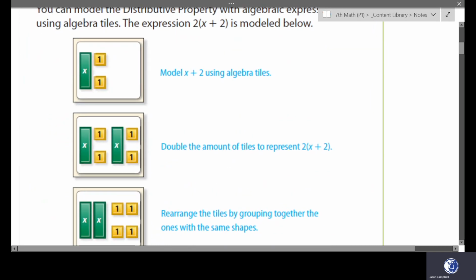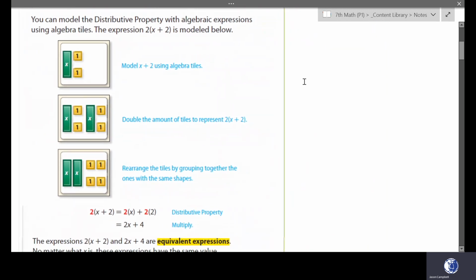You can see that here. It says that the expression 2 multiplied by x add 2 is modeled below. So here's x add 2. And if we multiply that by 2, then we have x add 2 twice. And then we can rearrange the tiles to see that we actually have 2x add 4.